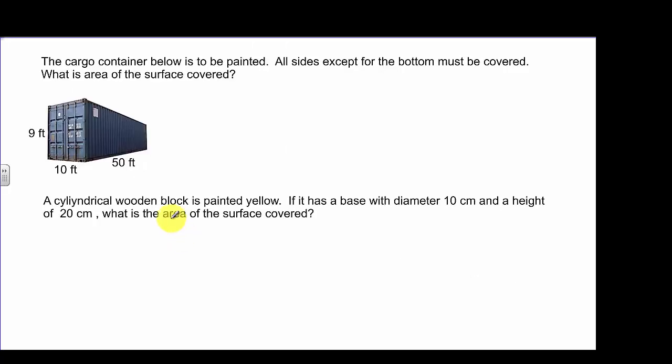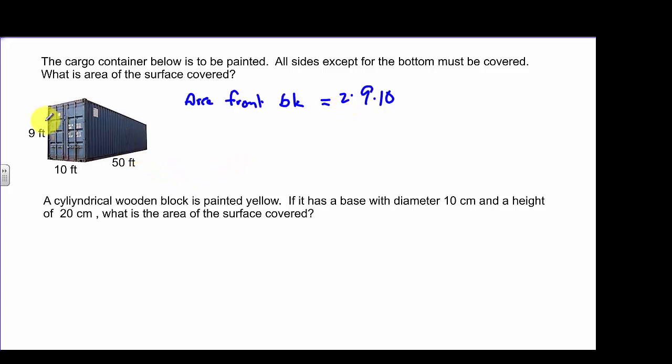So we're going to paint this cargo container, and we're going to paint everything except the bottom, so we want to know what the surface area covered is. So basically I have the front and the back. So area front, back is going to equal 9 times 10, but I have 2 of those.